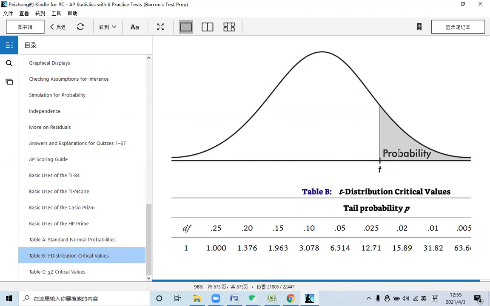If you divide the 5% between the two tails, you would have 2.5% on each side. Here we are doing a one-tailed test.